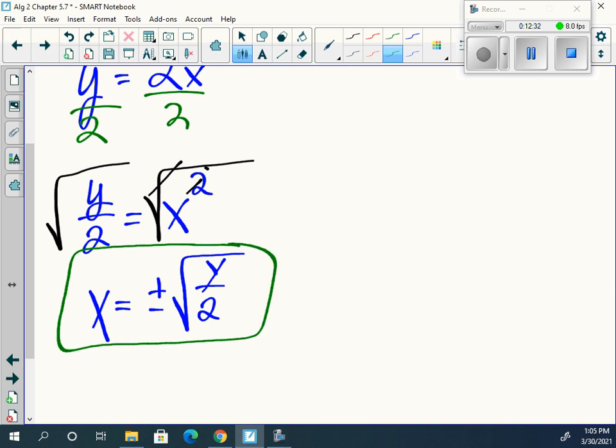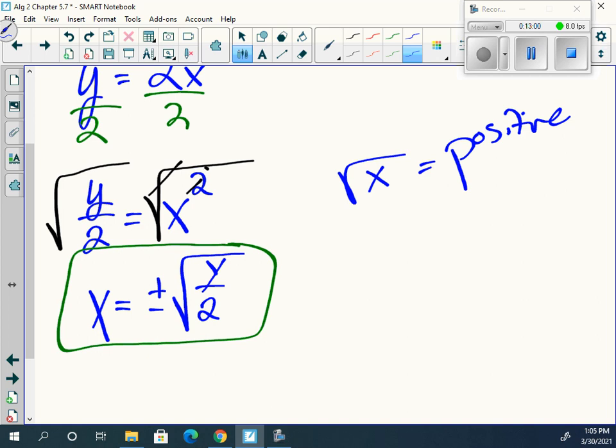Now this is different than when we put both sides to an even power, because then we don't need the plus or minus. Because the square root of x has to come out positive, so if I square it, it's going to be positive anyways. So we don't have to worry about positive or negative when we square both sides.